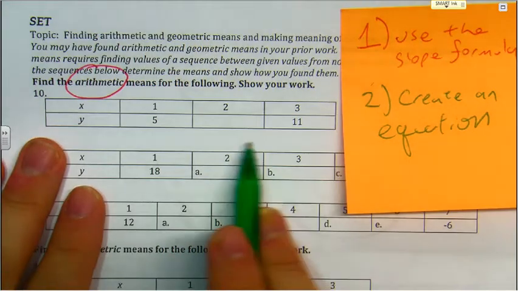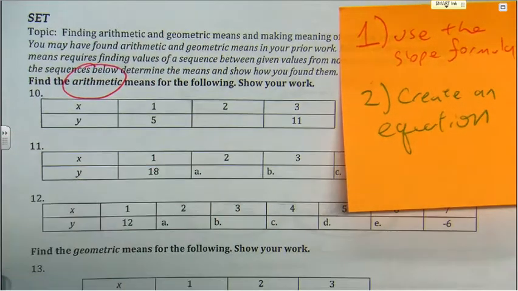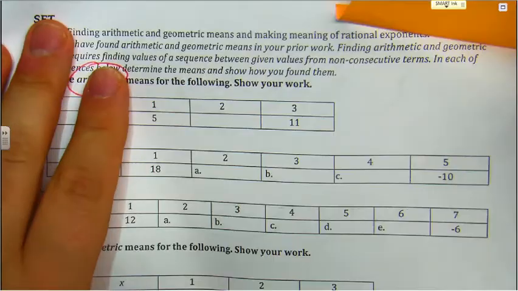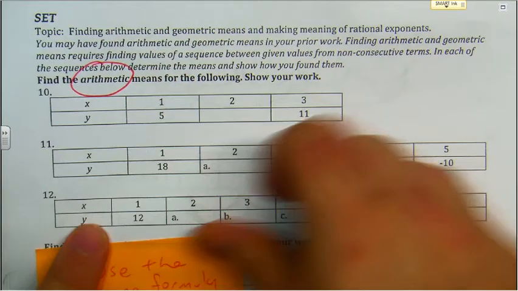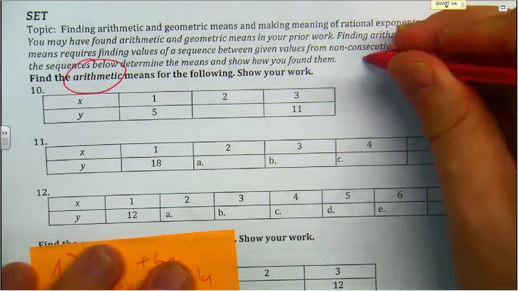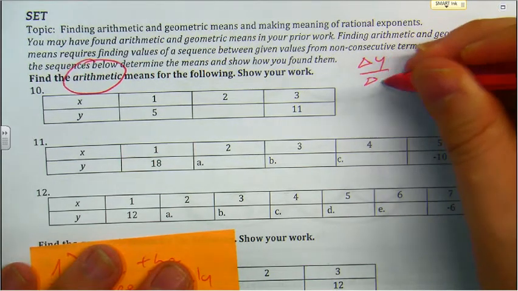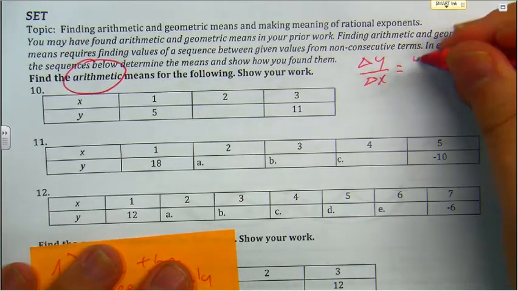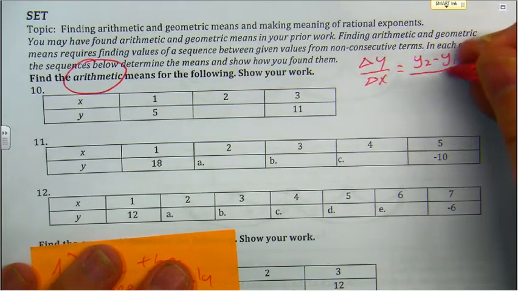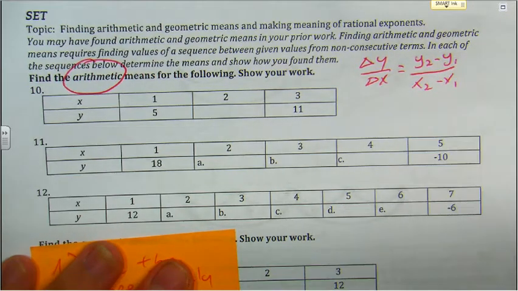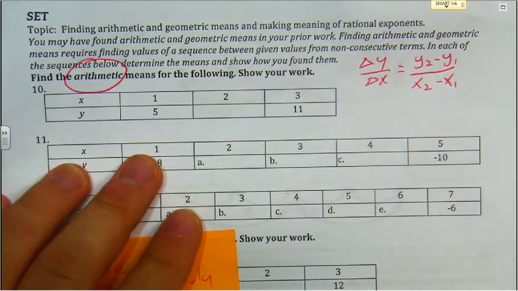When we're doing the slope formula, we have to remember what our slope formula is. Okay? We have to remember that our slope formula is our delta y over our delta x, which is our y2 minus y1 over x2 minus x1. And this will tell us our constant rate of change.